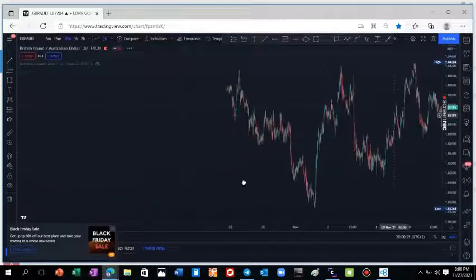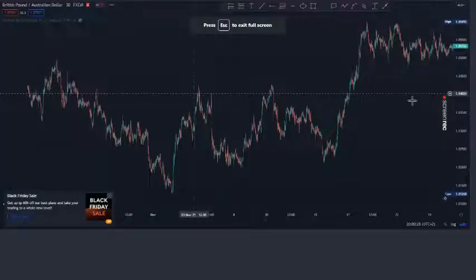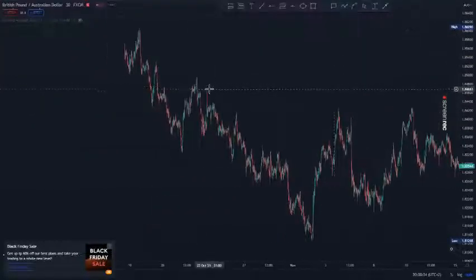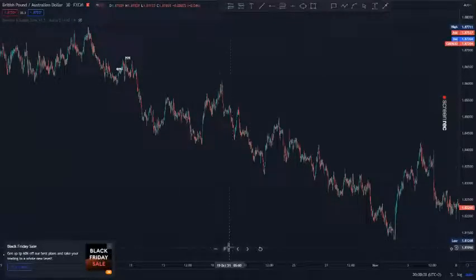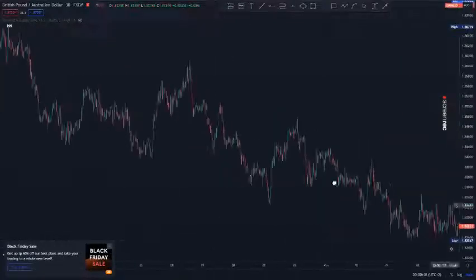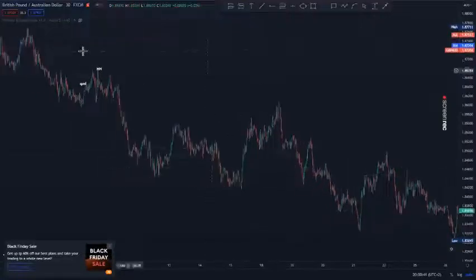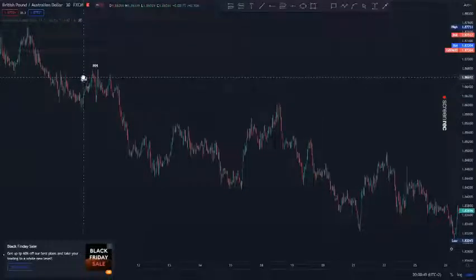So this is what happened, guys. This one literally took me out, and it's now looking like it's about to start coming down. So I used the 30 minutes. This is what I saw right here. As you can see, this was a nice QML setup as well, and then there was my lower low.